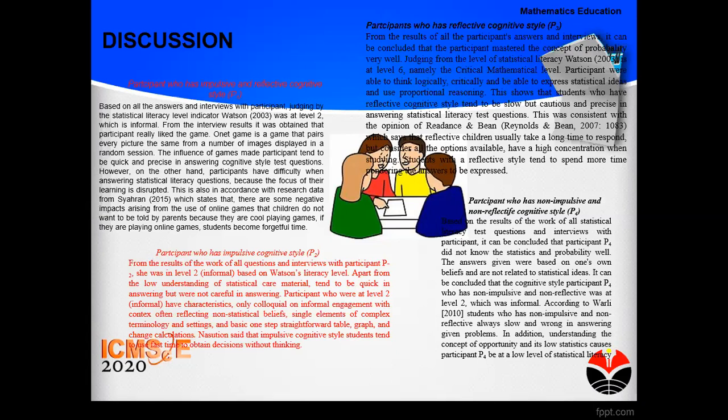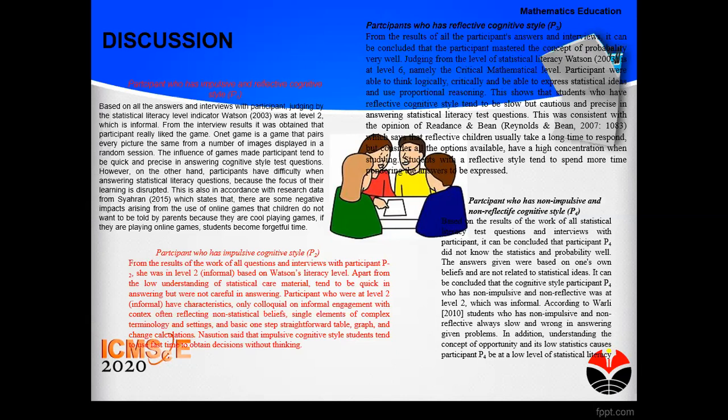A net game is a game that is fair, where every victor is the same, from a number of images placed in random order. The influence of games made the participant tend to be quick and precise in answering the cognitive style questions. However, on the other hand, the participant had difficulty when answering statistical literacy questions because the focus of their learning was disturbed.